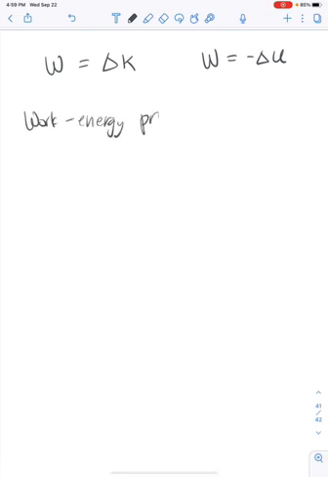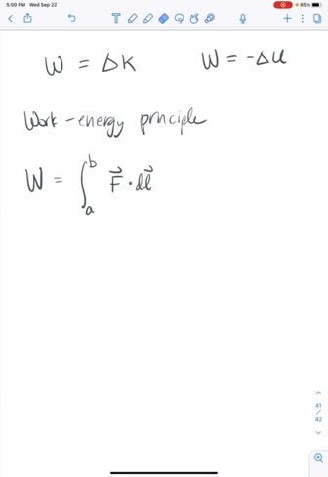energy principle. Okay, so we know that the work done by some net force F is the integral of F dot dl along some path from A to B, okay? And we also know that the net force is the mass times the acceleration, okay?